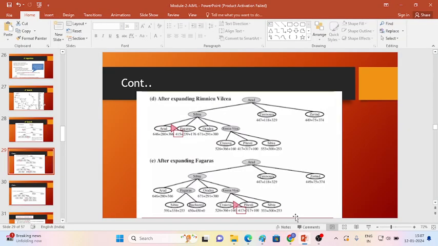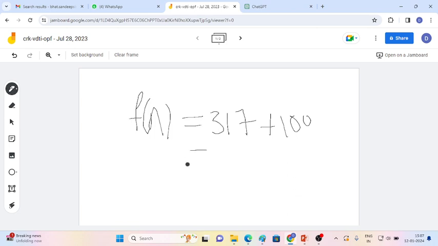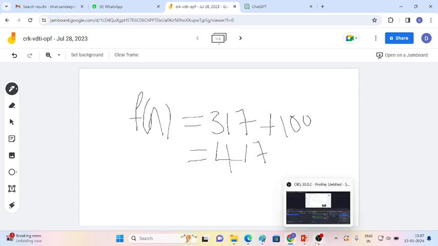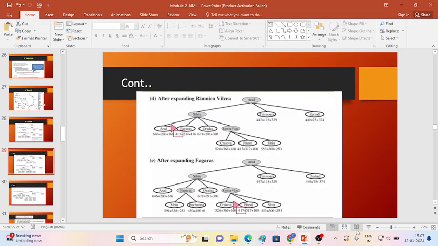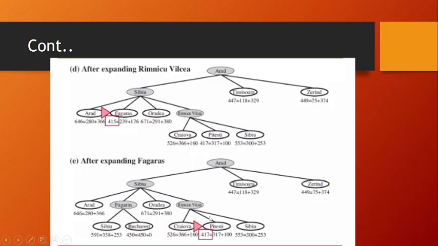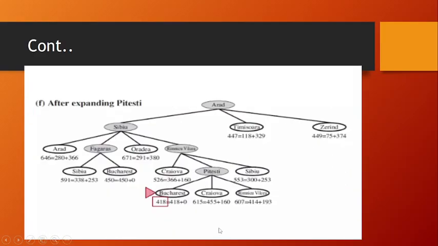Total we get 417. So 417, see here. Like this we need to expand.